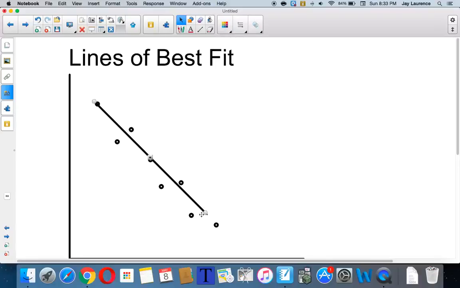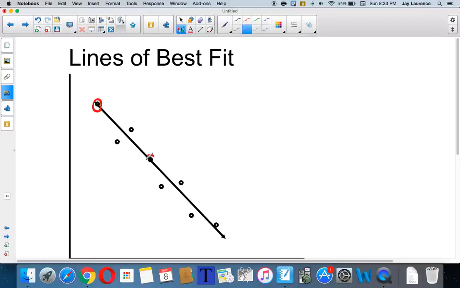So let's see here. If I did that, I would have 3 above and 3 below, and the distances are pretty minimal. Okay, now, to actually write the equation of this line, I would need to find the slope, and it looks like I'm going through 2 points. You know, this point here, right?